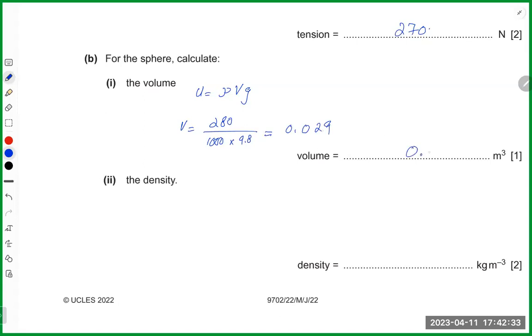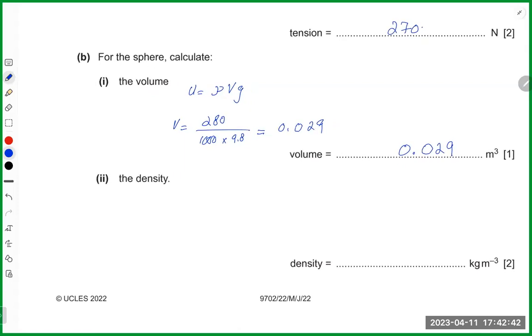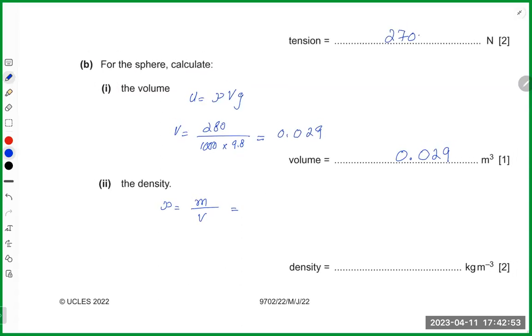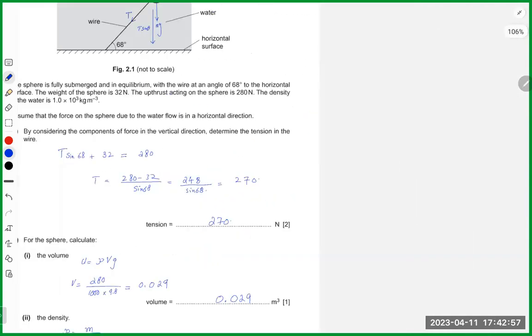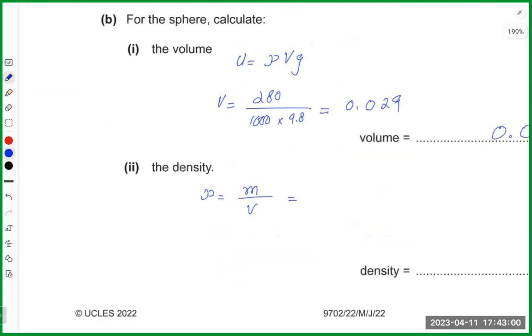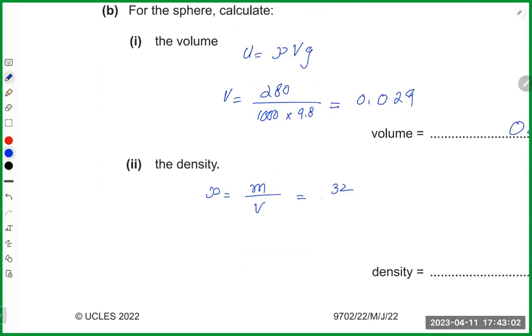I'm just trusting your calculations and your values. Okay. The density. Density is mass over volume. So mass will be equal to 32 divided by 9.8, because 32 is the weight.